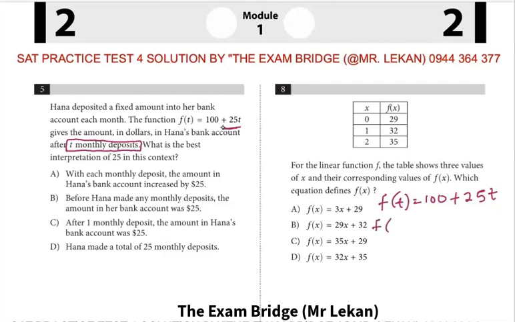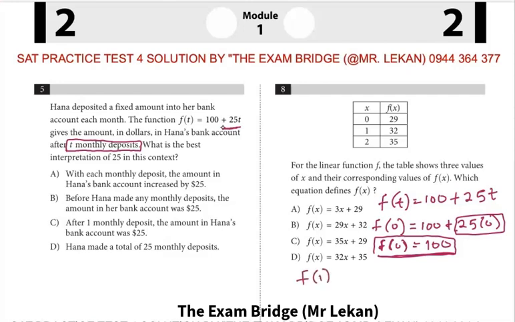So f of 0 is equal to 100 plus 25 bracket 0. f of 0 is equal to 100 because 25 times 0 is equal to 0. So this is the amount of money she has in her account before deposition.